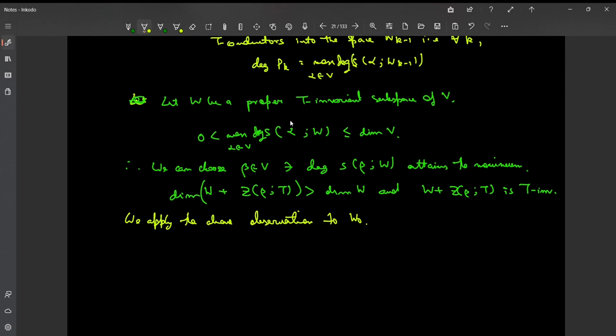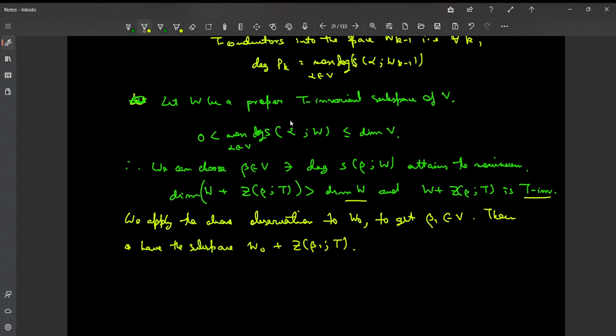So if we apply the above observation to W naught, then we will be getting a vector beta, which we denote as beta 1, let's say, to get beta 1 in V, then we have the subspace W naught plus the T cyclic subspace generated by beta 1, right? Now if this subspace is still a proper subspace of V, obviously it's T invariant from the observation, right? It's obviously T invariant. Its dimension is greater than the dimension of W.